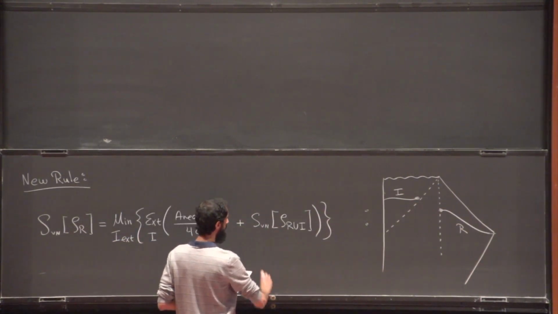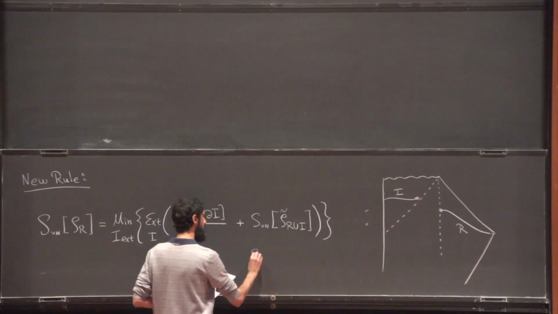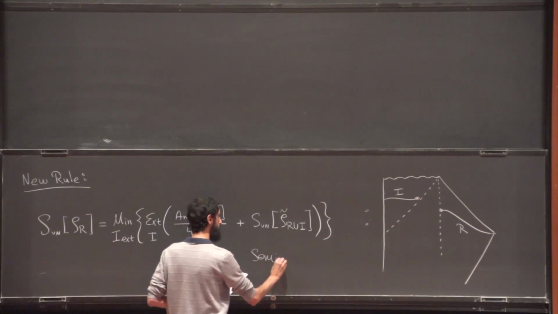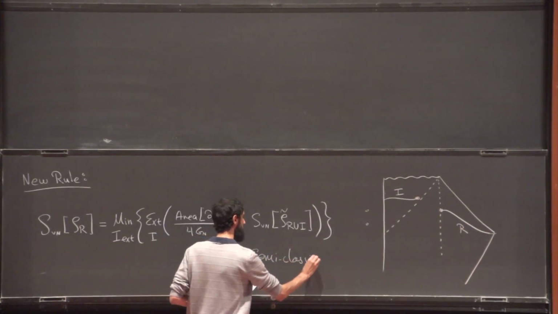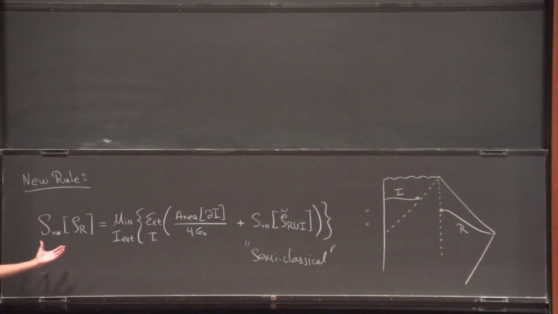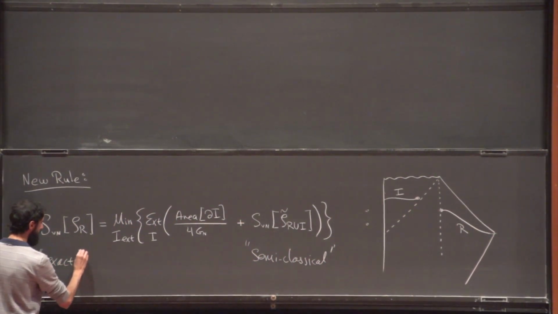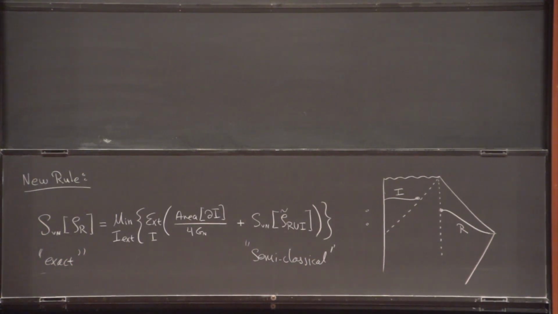This rho R tilde should be thought of as a density matrix in the semi-classical approximation, while the rho R here, the thing we're trying to compute the entropy of, is sort of the exact density matrix of the Hawking radiation. Hopefully this will become clear as I go along.